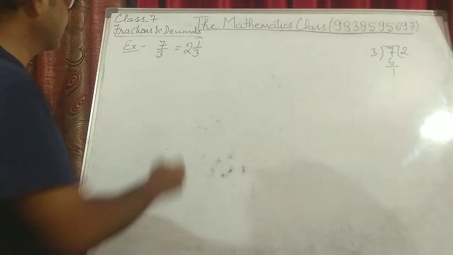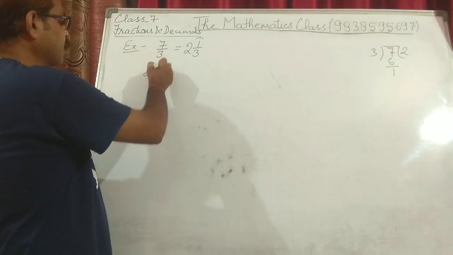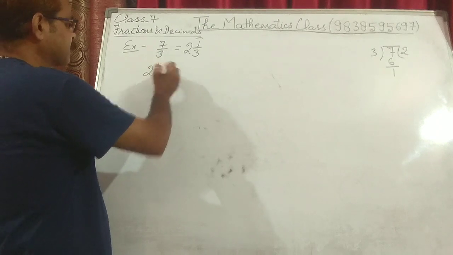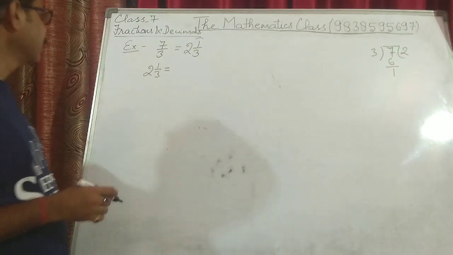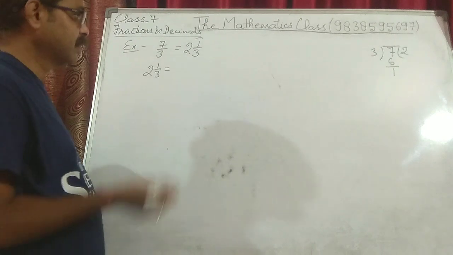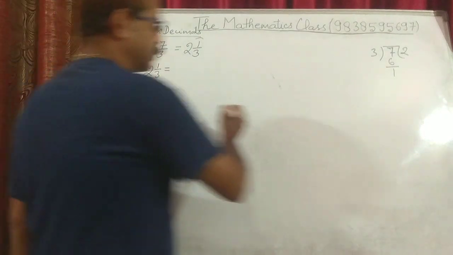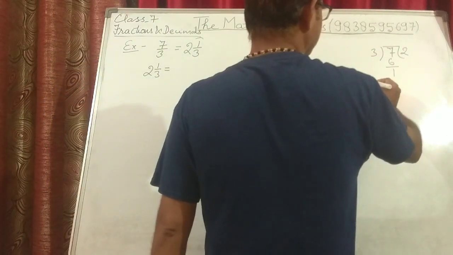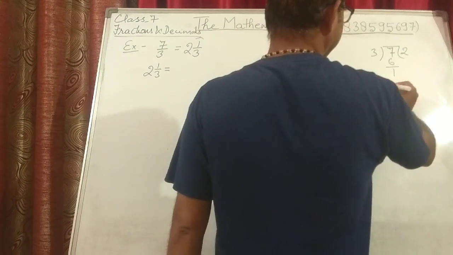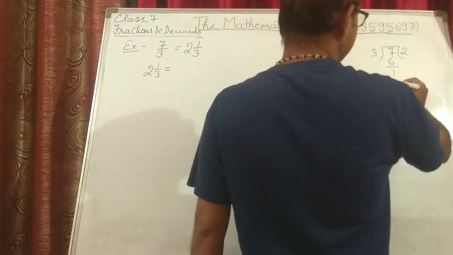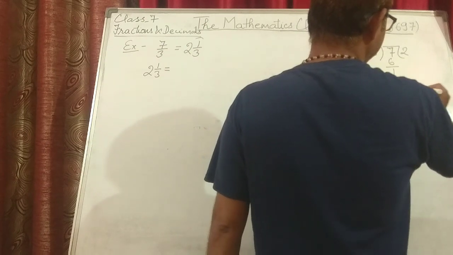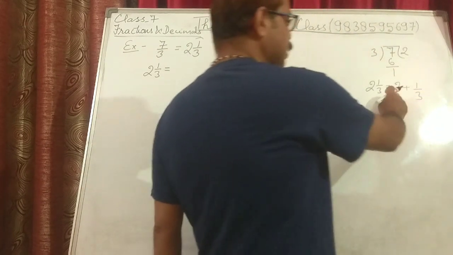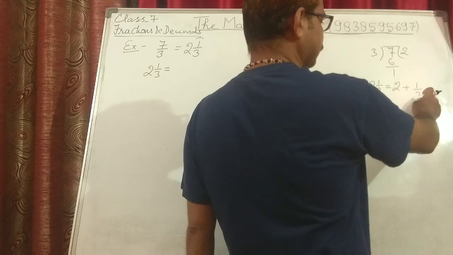Now if it has been given to you as 2 whole 1 upon 3 and you have to write it in the form of an improper fraction, 2 whole 1 upon 3 can also be written as 2 plus 1 upon 3, where 2 is the whole number and 1 upon 3 is the fraction.